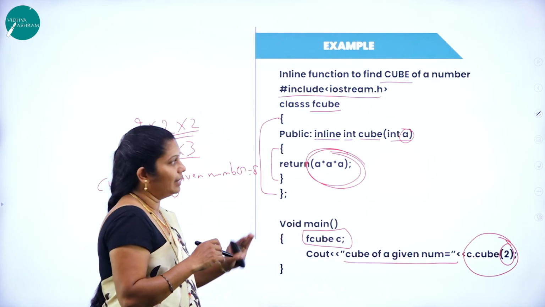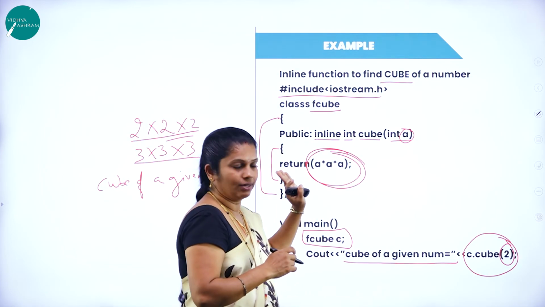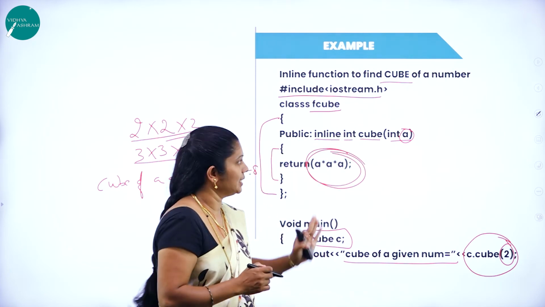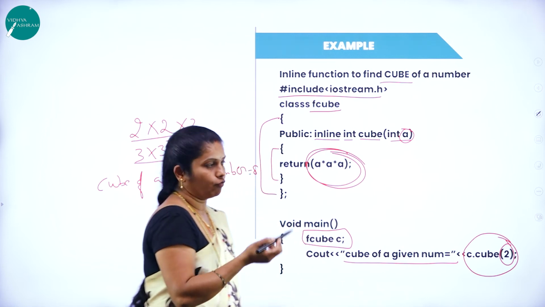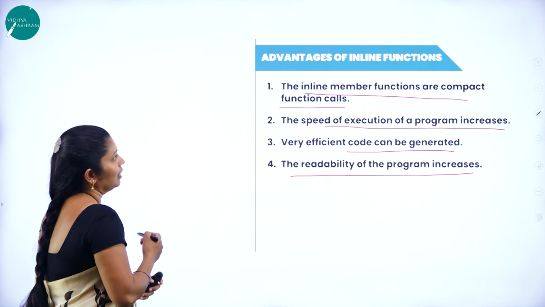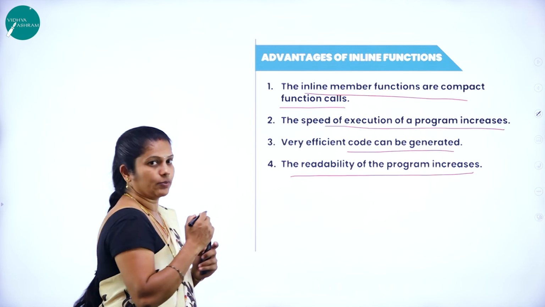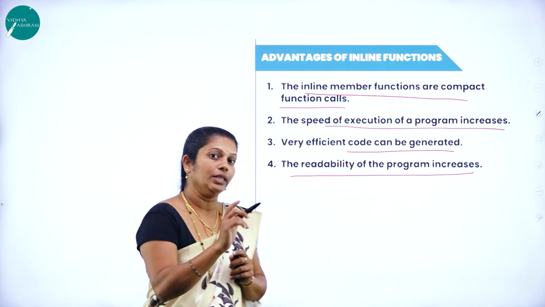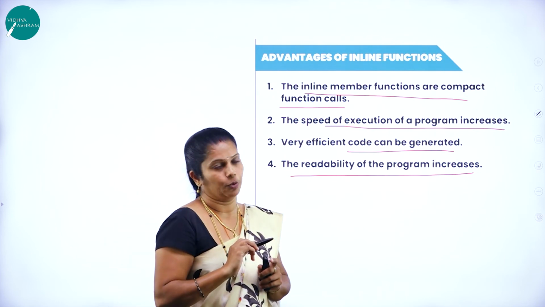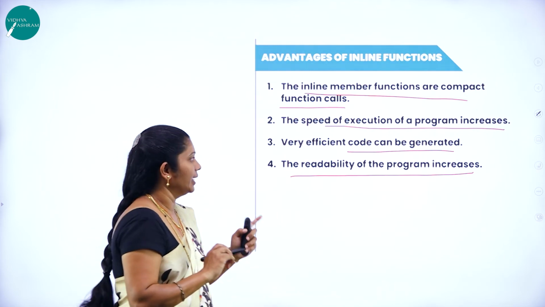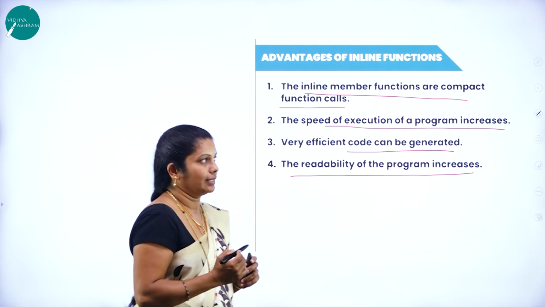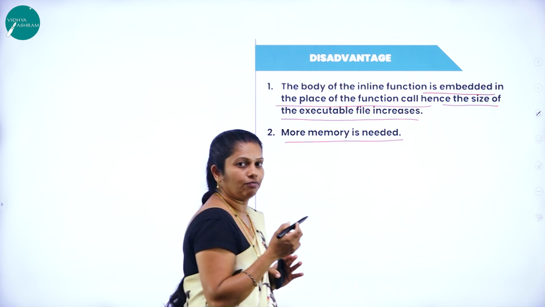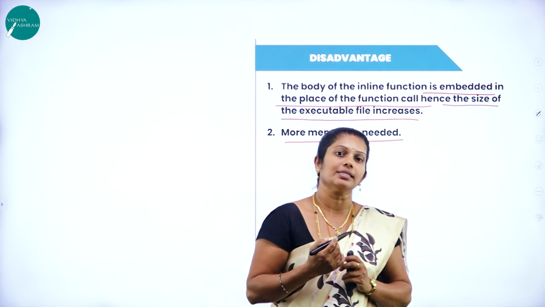In the example, we have the inline keyword, then the function name cube, with the return type integer and only one argument of type integer, that is a. Then the advantages: it is very compact and the speed of execution is fast. Very efficient code can be generated. The readability of the program increases. Then the disadvantages: the size of the executable file is more, as well as more memory is needed.